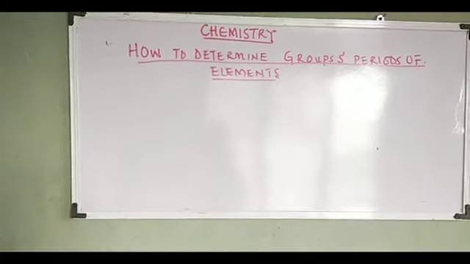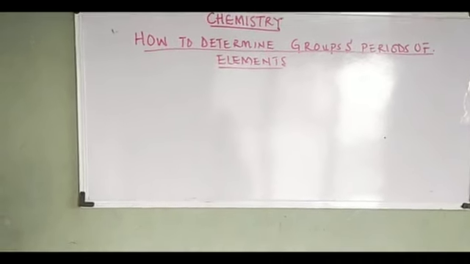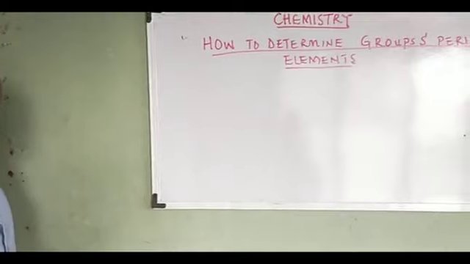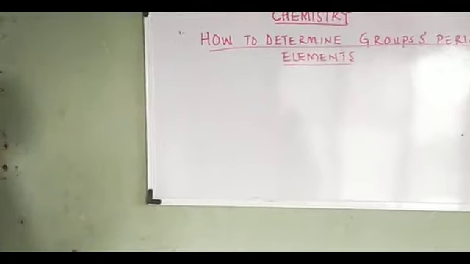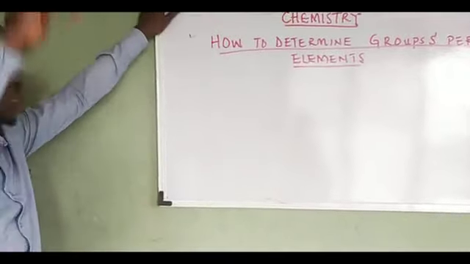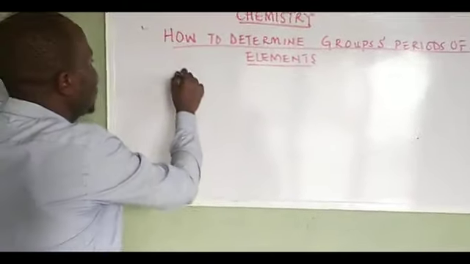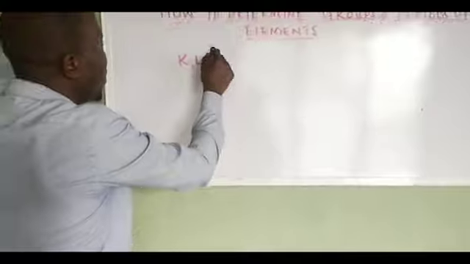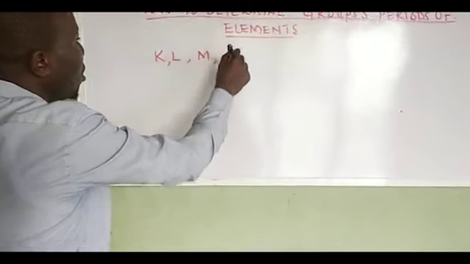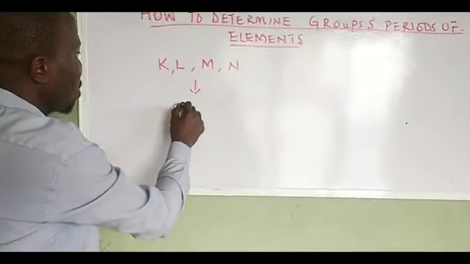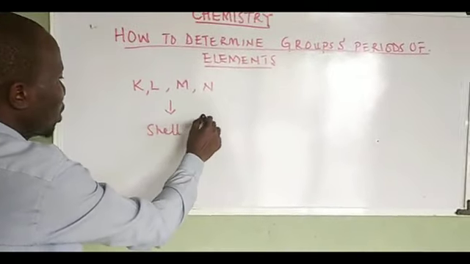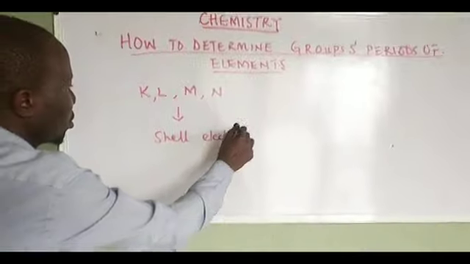We are going to be looking at how to determine groups and periods of elements. Like I said earlier, we have two electronic configuration formats. We have the KLMN electronic configuration format, which is also known as the shell electronic configuration.